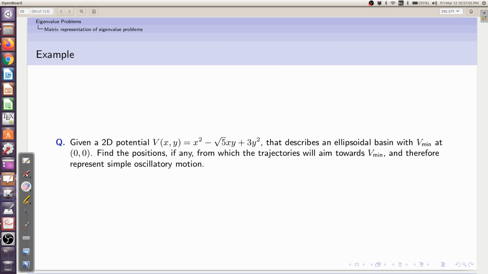I should do it slightly differently. So something like this. Yeah, it looks kind of like a bowl. We're talking about a basin here, and the cross section is basically elliptical.